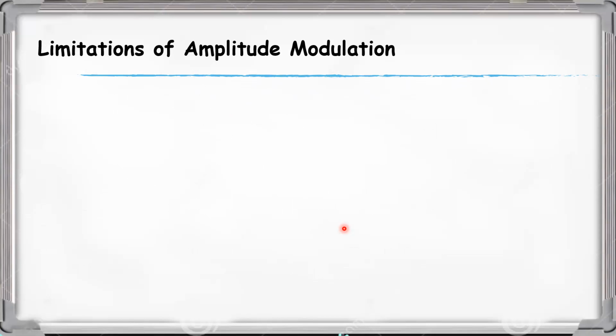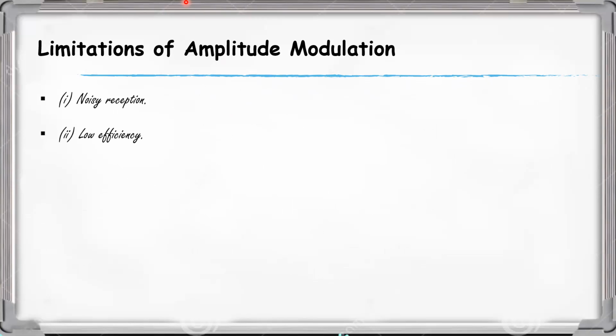Then the limitations of amplitude modulation. Although the amplitude modulation construction is very simple, it has some limitations. The first limitation is the noisy reception of AM wave.